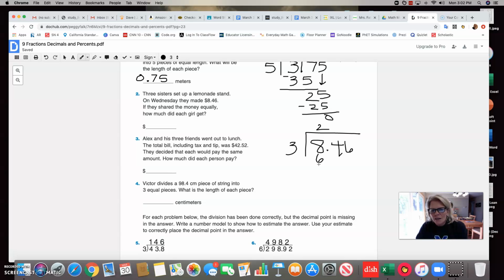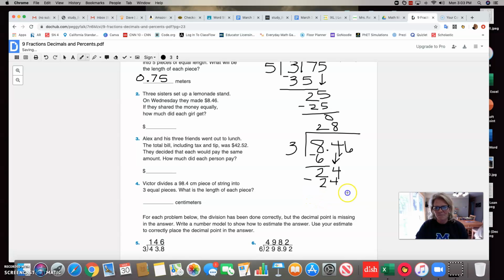Now, when you are dividing, I know I've said this before, it's really important to make sure you write the answer above the number you're dividing into. So 8 minus 6 is 2. Now I'm going to pull down the 4. 3 goes into 24 exactly 8 times. That equals 24.